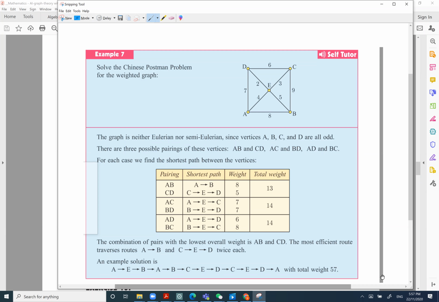A to B. The efficient one, you need to use A to B and C to D twice.